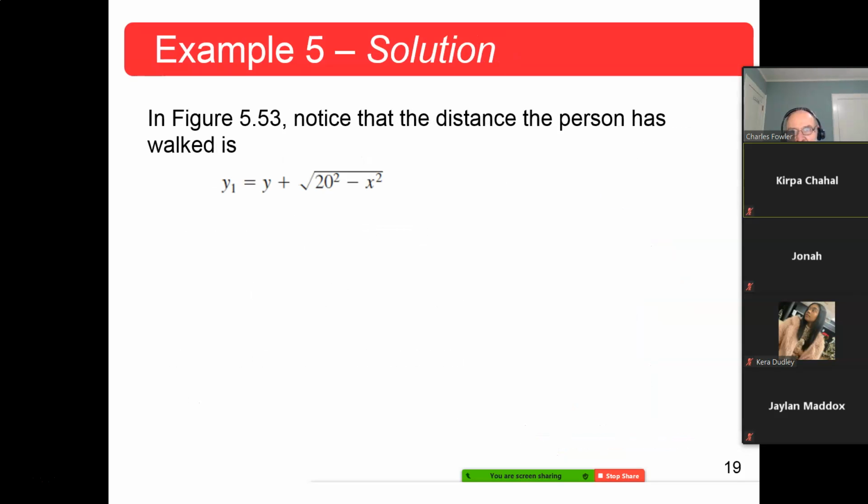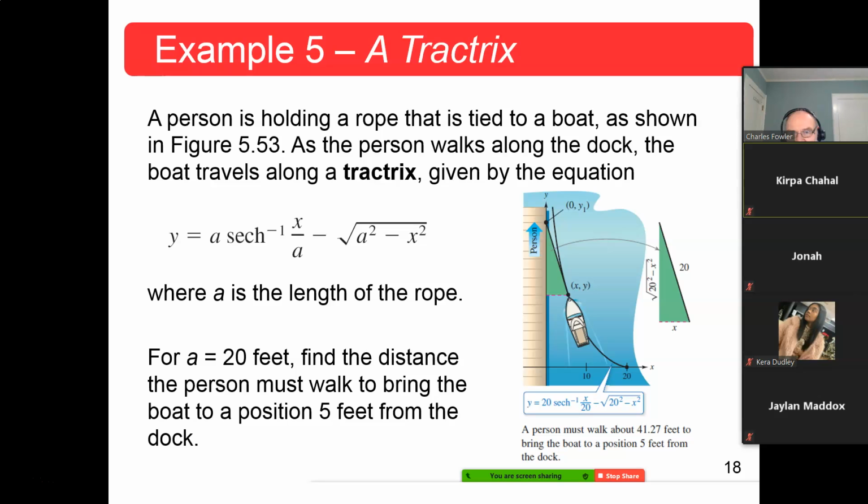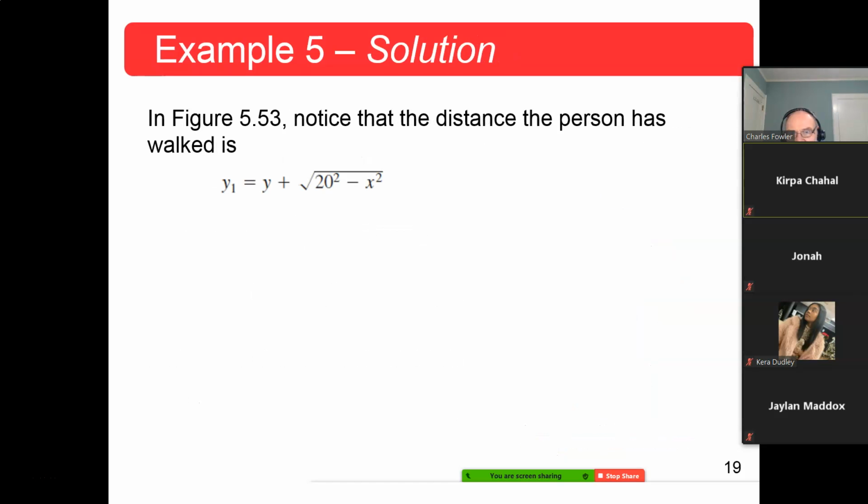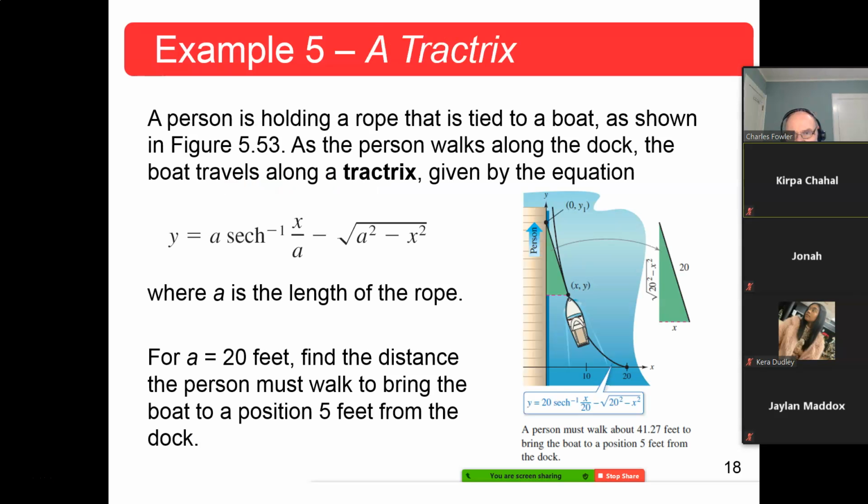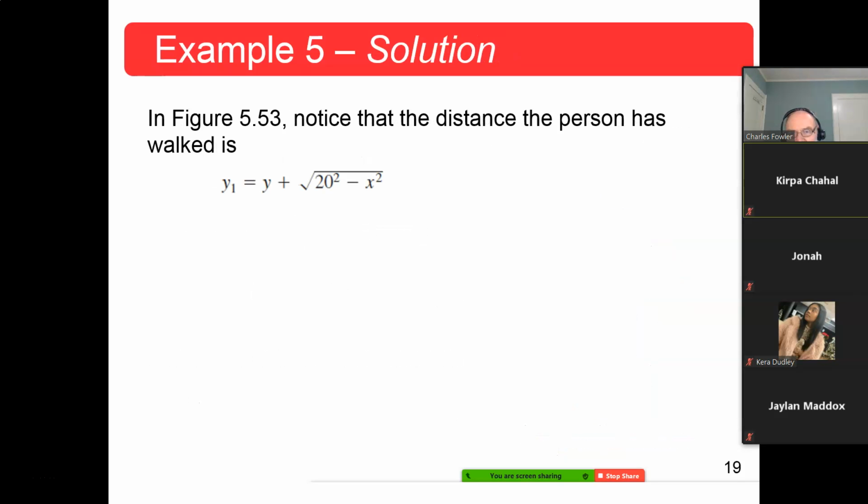Okay, and notice that the distance the person walks is Y1, where they've done some magic here, haven't they?